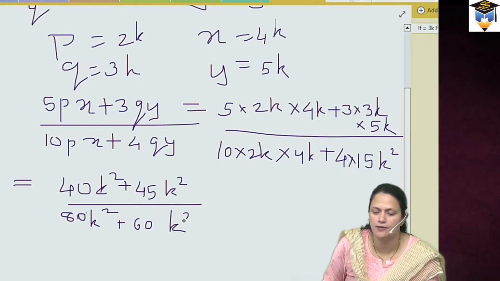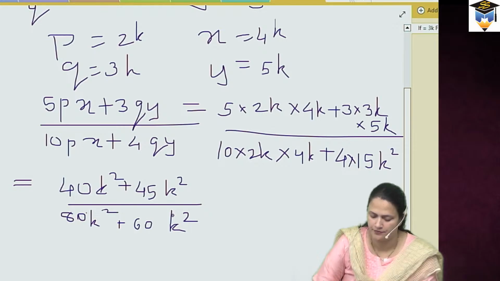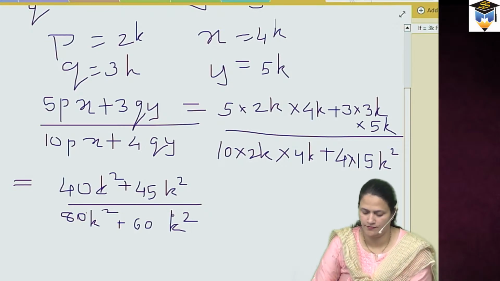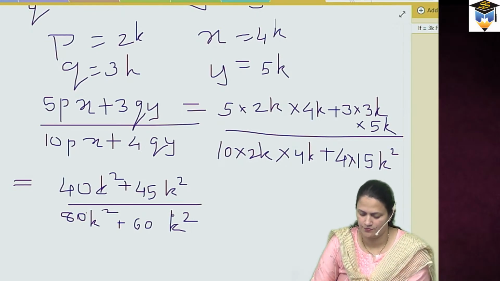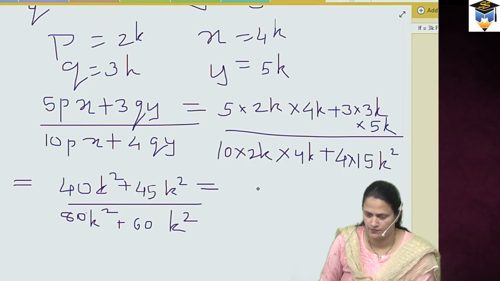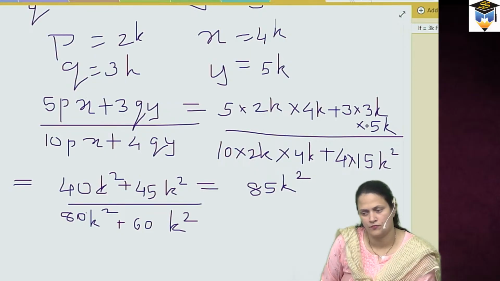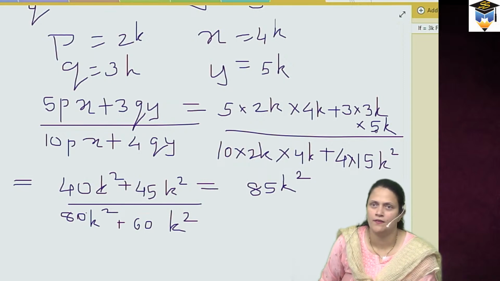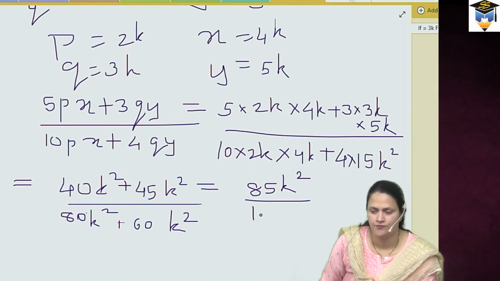Find out the final answer, come on, and tell me what answer you would get. Okay, so 85k square upon 140k square, reduce it to the lowest form, k square will get cut.